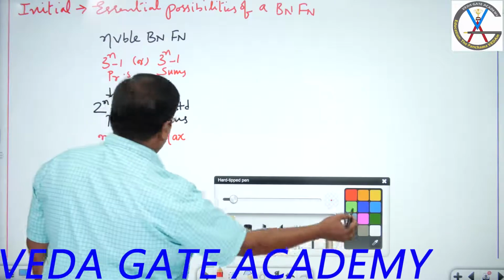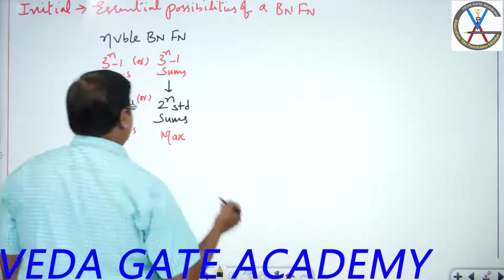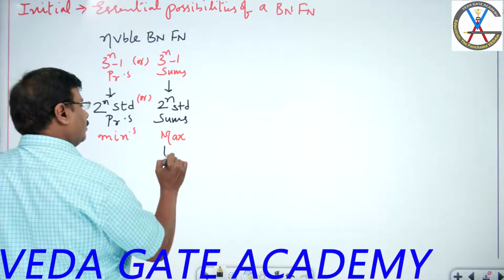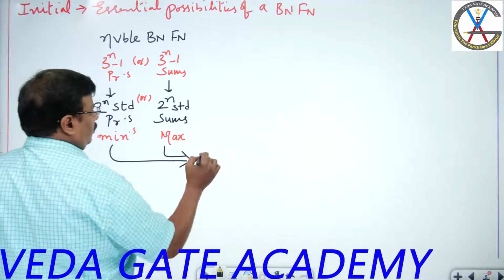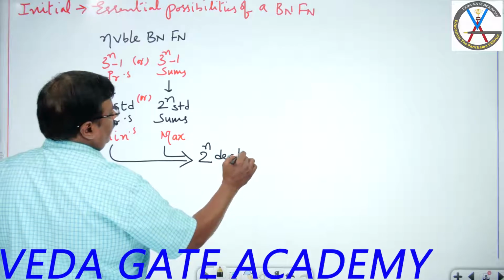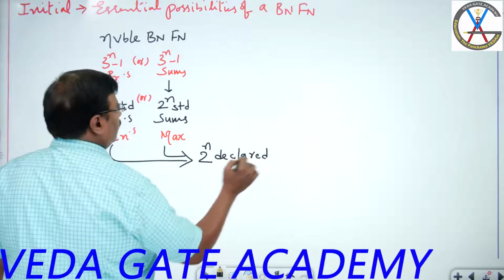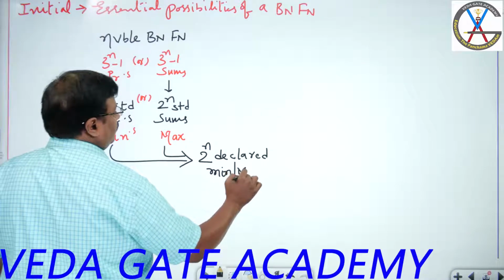The third level of the Boolean function goes to 2 power n declared min or max terms.